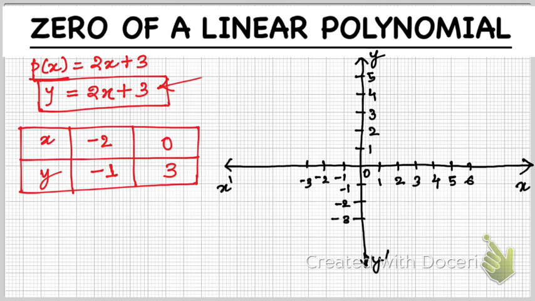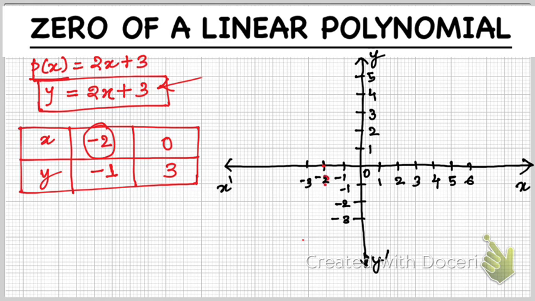Okay, so now plotting the graph. How will we do that? So first x = -2. Here we have x = -2 and y = -1, meaning the value of y is also negative, so this point is somewhere over here.